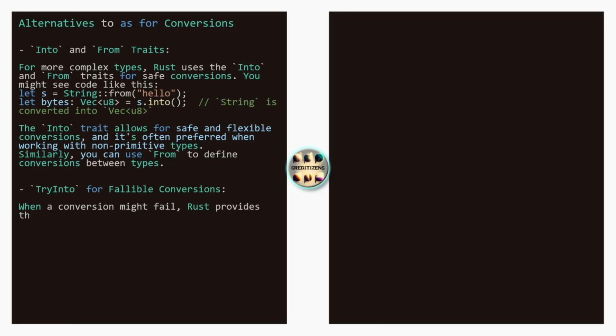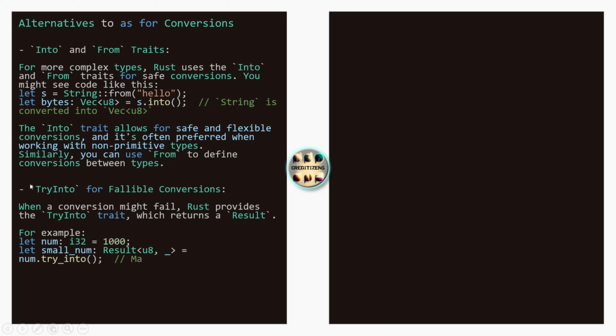Similarly, you can use From to define conversion between types. We also have TryInto for fallible conversions. When a conversion might fail, Rust provides the TryInto trait, which returns a Result.